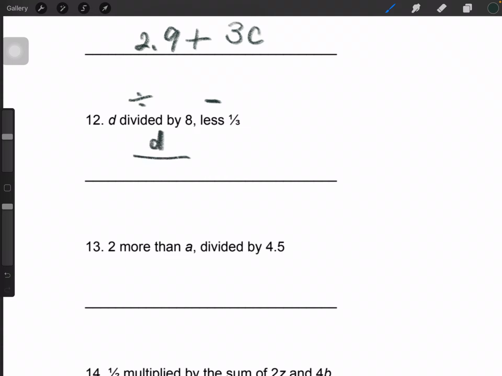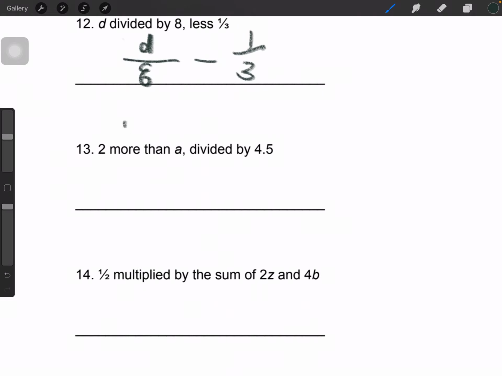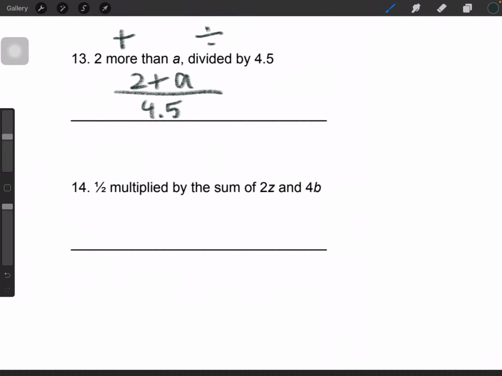So d divided by 8 minus 1 over 3. 2 more than a divided by 4.5. 2 plus a divided by 4.5. And then 1/2 multiplied by the sum of 2z and 4b. So 1 over 2 multiplied by the sum of 2z and 4b.